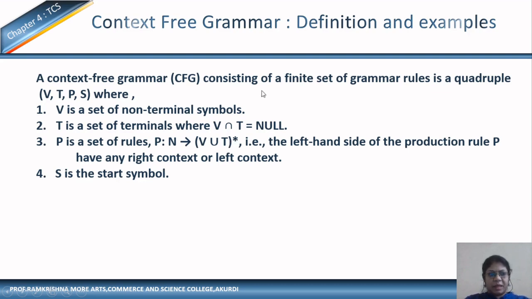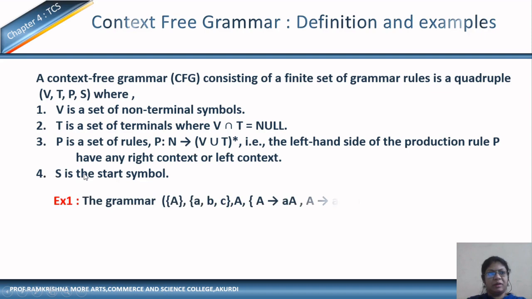What is its meaning? N is a single non-terminal that gives (V union T) closure, meaning 0 or more symbols from the set V union T. 0 means N gives epsilon. So if it is N gives epsilon, it means N does not give any symbols from V and T. And lastly, S is the starting symbol of the given grammar.